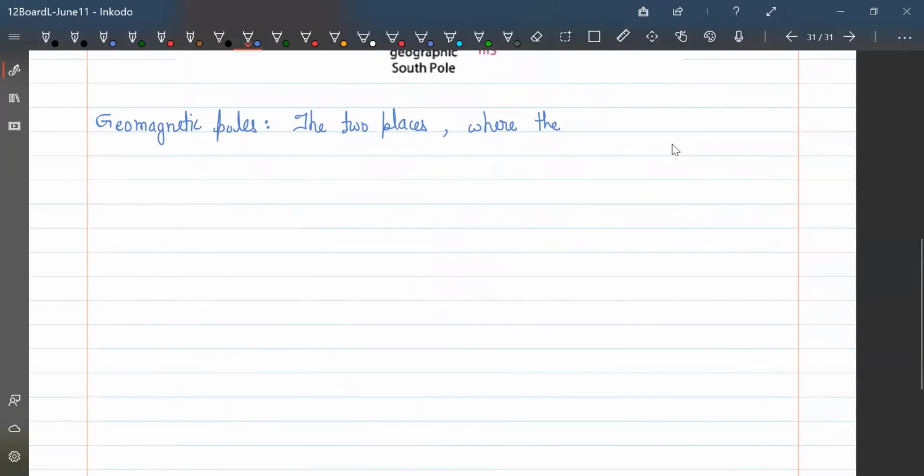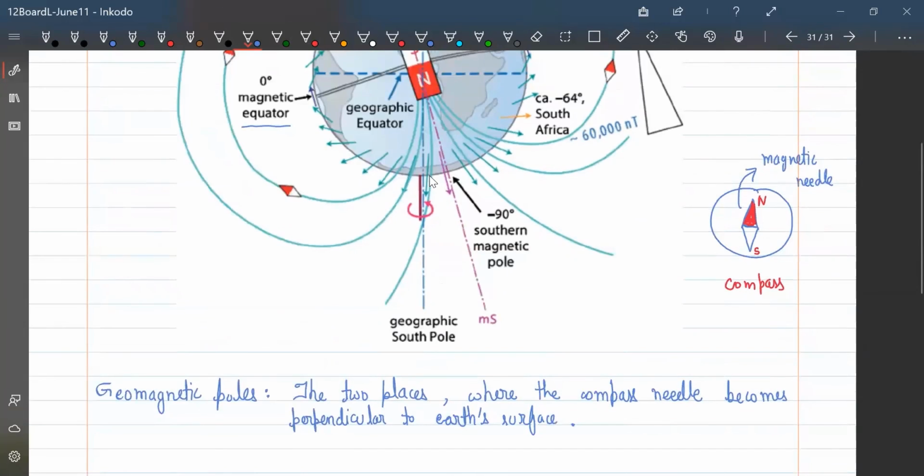Whenever you see this, the red pointer shows the direction of the north. So to define geomagnetic poles, these are the two places where the compass needle becomes perpendicular to Earth's surface. If you put a needle here, the compass needle will point out like this.